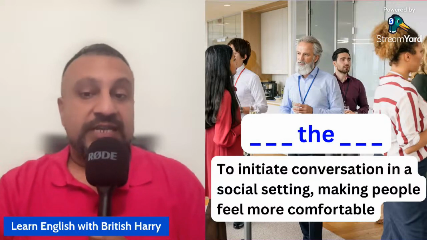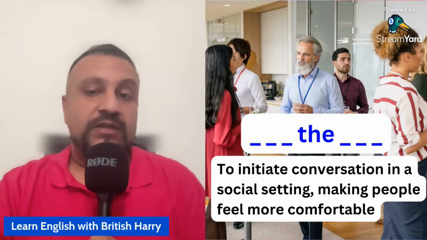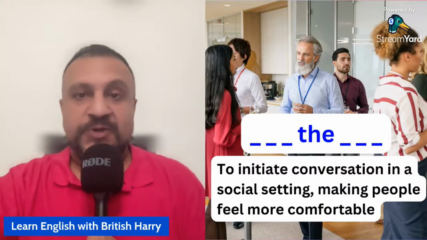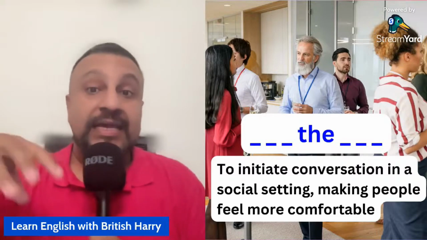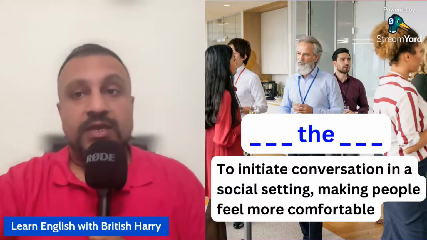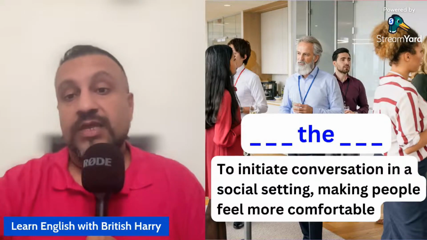This is to initiate conversation in a social setting, making people feel more comfortable. So in this picture, we can see people are mingling, they are talking to each other. Maybe they are meeting each other for the first time.